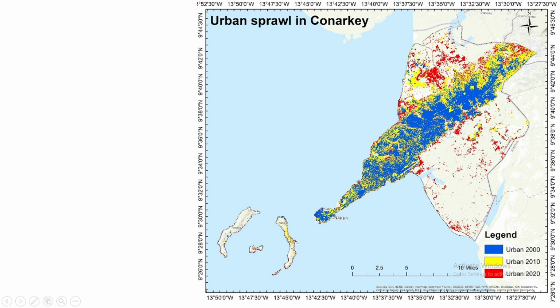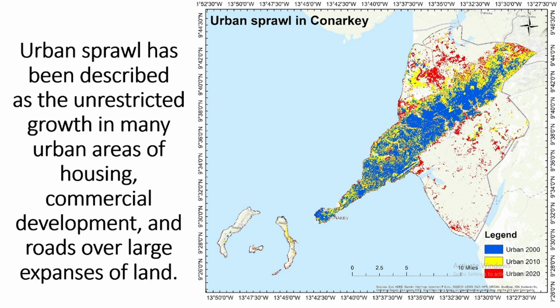So this map displays the urban sprawl for different times: 2000, 2010 and 2020. If you check the definition, urban sprawl is described as the unrestricted growth in many urban areas of housing, commercial development, and roads over a large expanse of land.